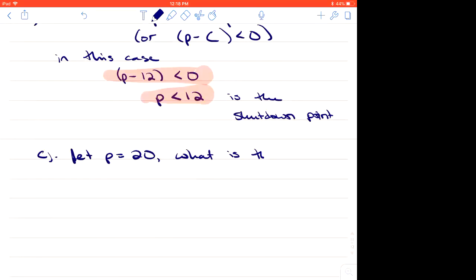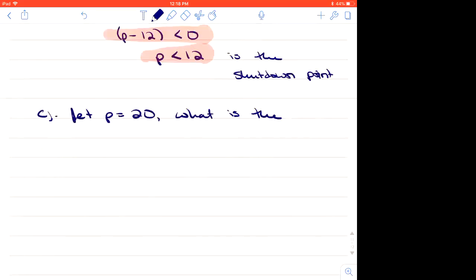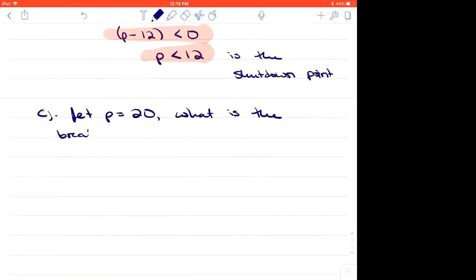What is the break-even output? That's where the profit goes from negative to positive, so we set the profit equal to 0.